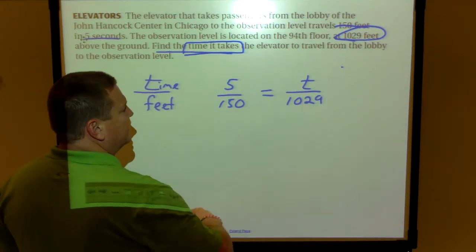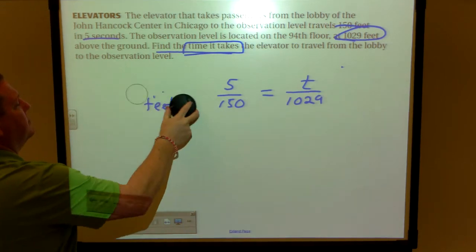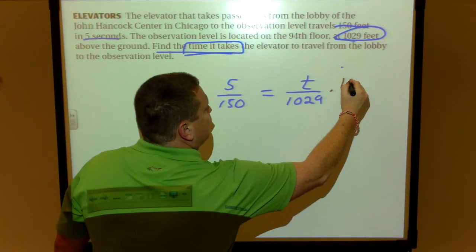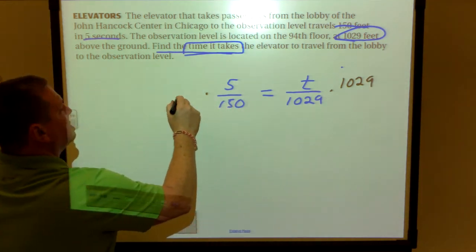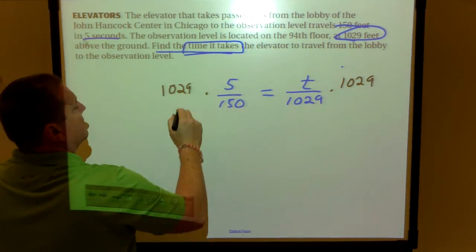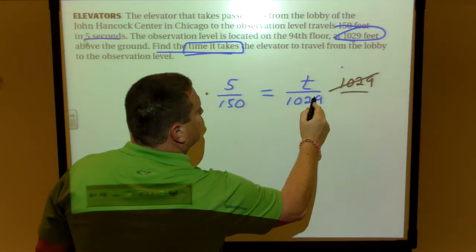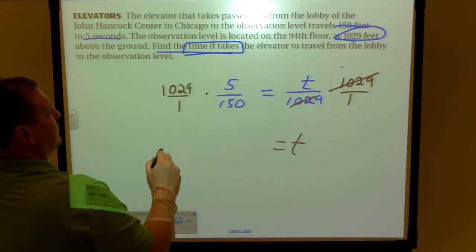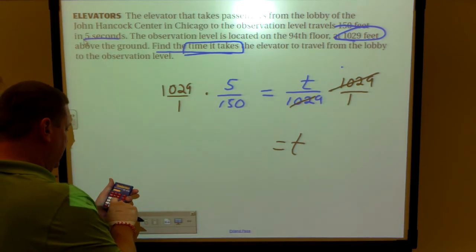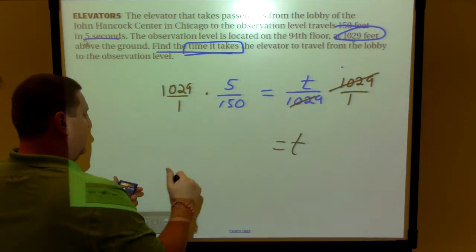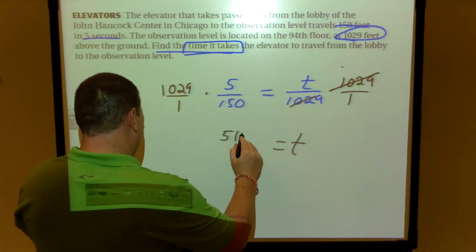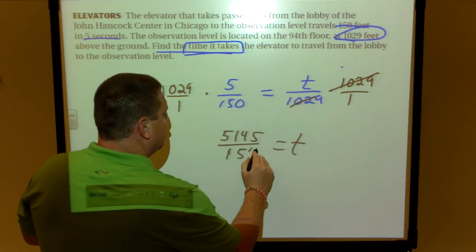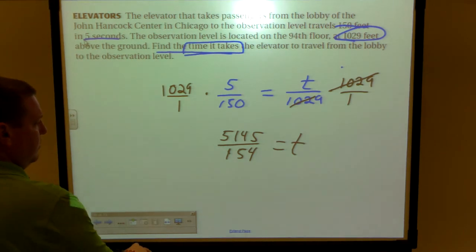And the way we solve this is, let me go ahead and erase this. This is divided by 1,029, so I'm going to multiply by 1,029 on both sides. So this will cancel out, leaving me with time equal to 1,029 times 5, which gives you 5,145 over 150.